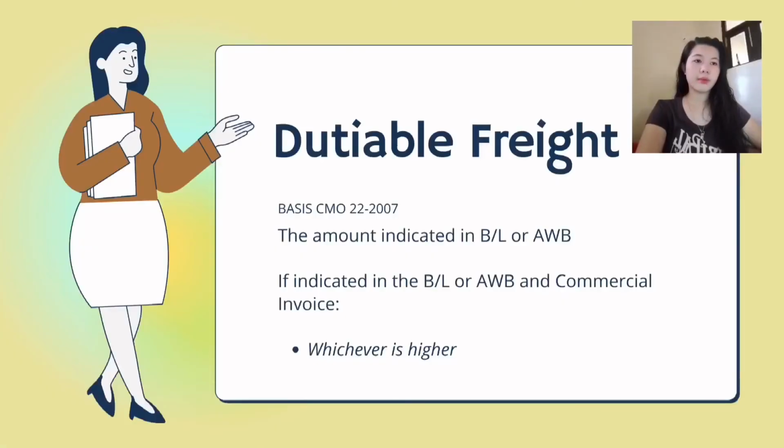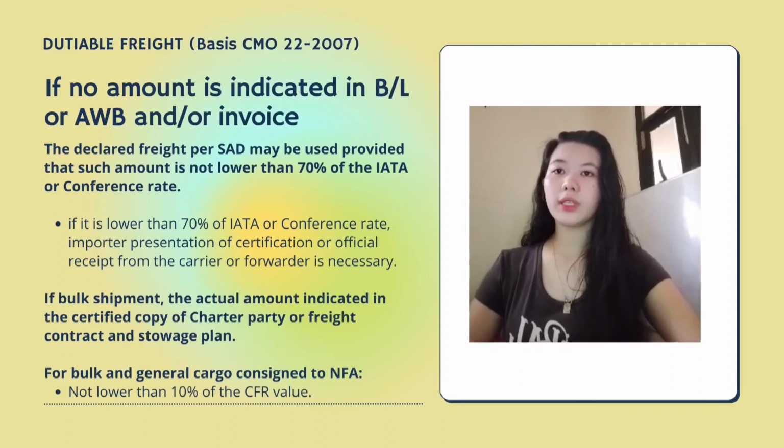Dutiable freight: the amount indicated in the bill of lading or airway bill. If indicated in the bill of lading or airway bill and the commercial invoice, whichever is higher. If no amount is indicated in the B/L or airway bill and/or invoice, the declared freight per SAD may be used, provided that such amount is not lower than 70% of the IATA or conference rate.